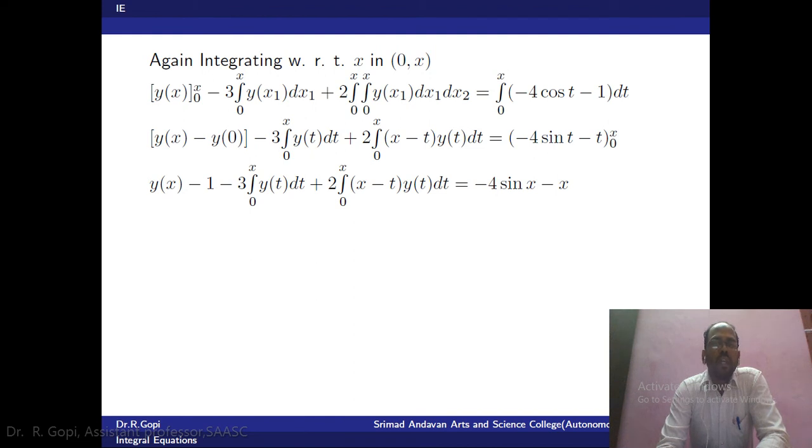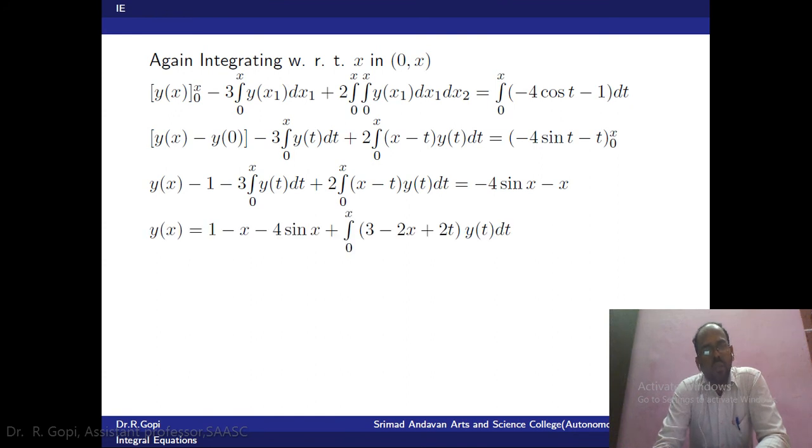Then we take this value from the left side to the right side. So y(x) equals 1 minus x minus 4 sin x.